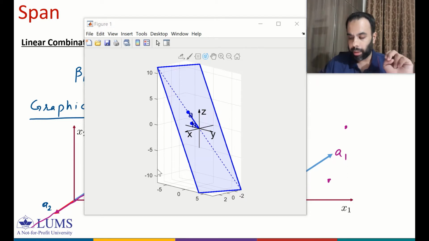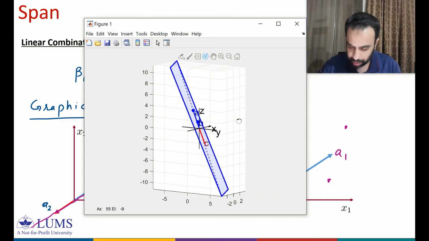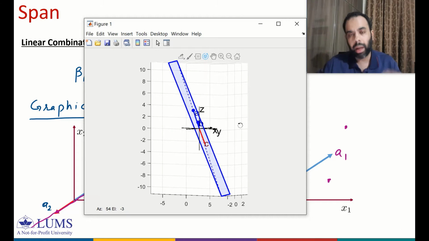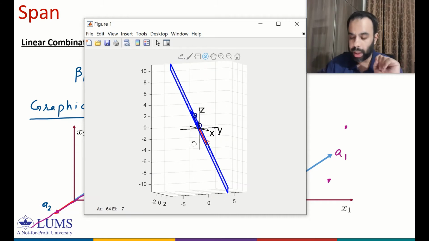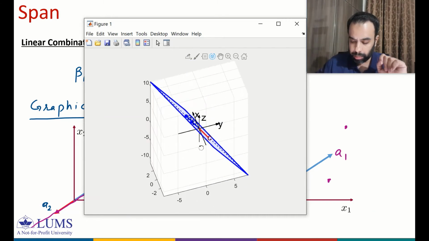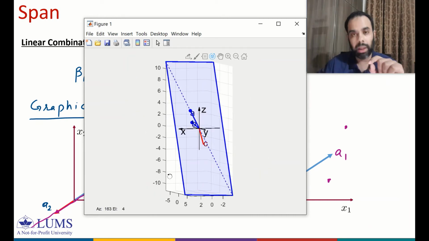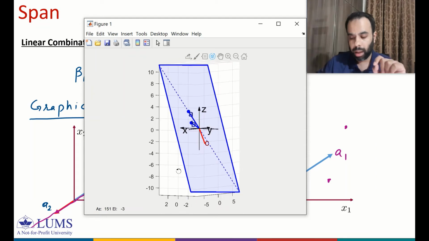Now let me add another vector, C. If we see, this C vector lies in the plane formed by the linear combinations of A and B. So if I want to find the possible linear combinations of A, B, and C, I will get the same plane.